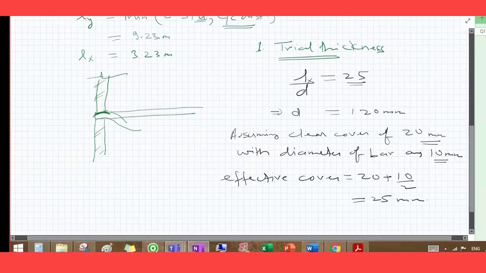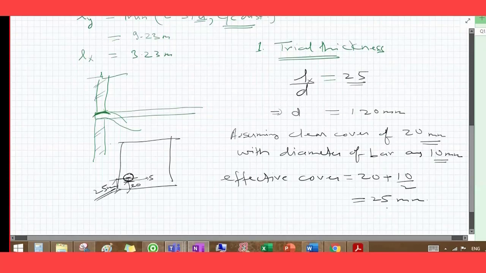Effective cover is basically like, if you see this section, if this is the diameter of the bar, this is the clear cover. This clear cover is 20 mm. You have assumed 20 mm, and the diameter which you are providing will be 10 mm. So from center to center, this distance is going to be actually 5 mm. So this effective cover is 25.